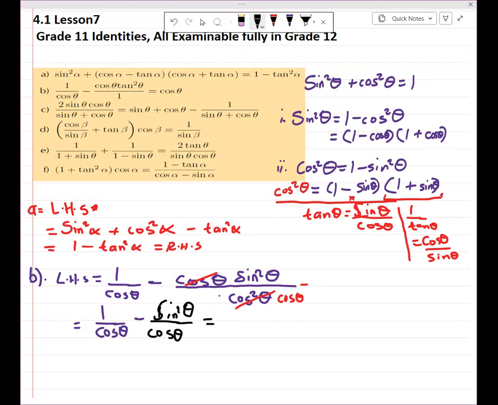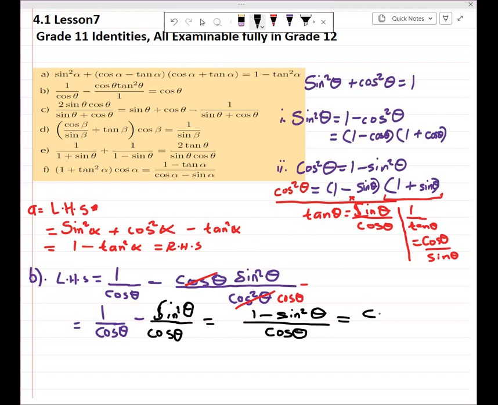And then now that I have a minus, and my denominators are already the same, I can do this. I can say, over cos theta, it's 1 minus sine squared theta. Remember, 1 minus sine squared theta is the same as cos squared theta.